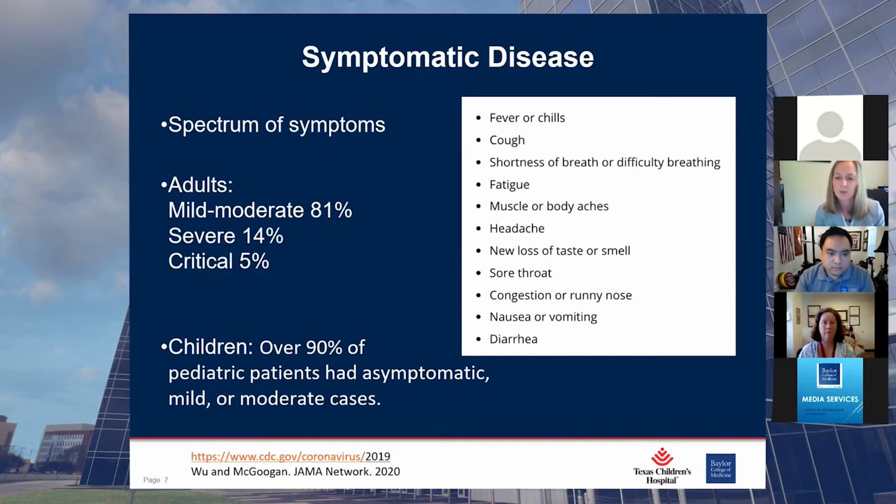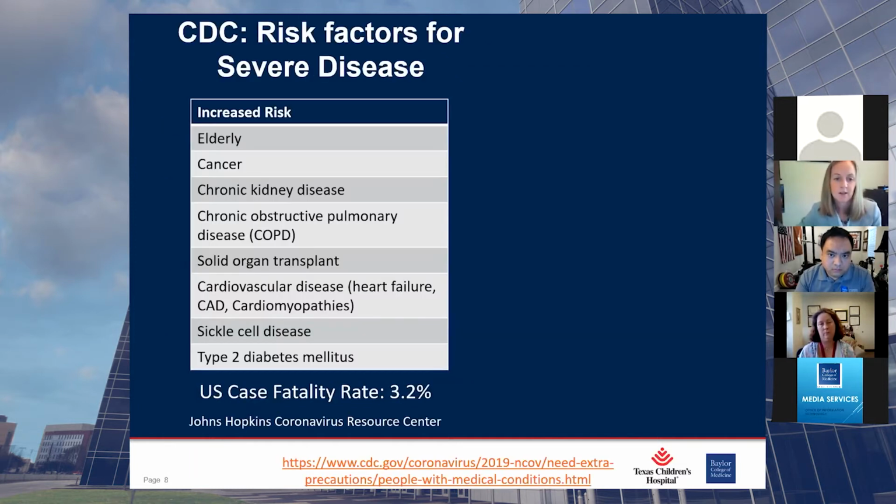And again, will display some of the very similar symptoms as an adult, but less commonly will progress to that severe disease state requiring hospitalizations. Now, that being said, anyone who has underlying risk factors as defined by the CDC for development of severe disease can certainly progress regardless of age.